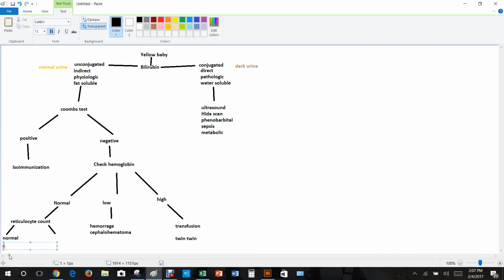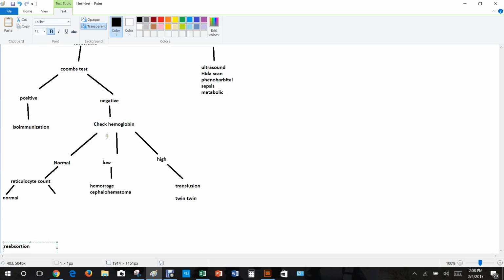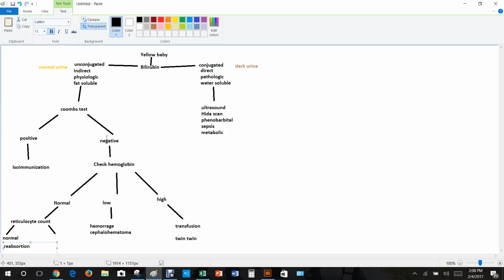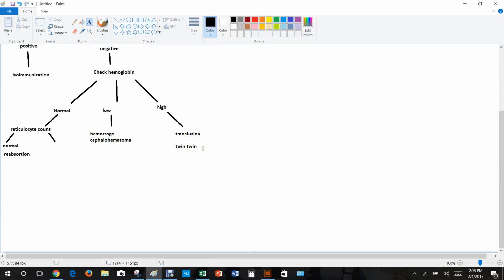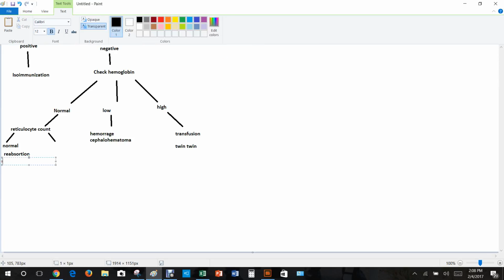Okay, so there are two conditions we think about with this. We can look at reabsorption. So it can be breast milk jaundice.